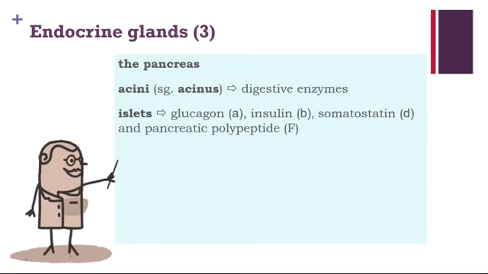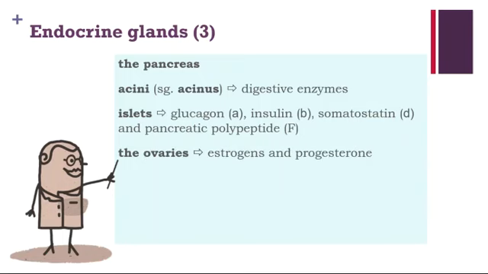Each pancreatic islet includes 4 types of hormone-secreting cells. Alpha cells secrete glucagon. Beta cells secrete insulin. Delta cells secrete somatostatin, and F cells pancreatic polypeptide.